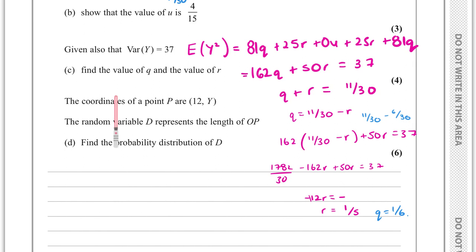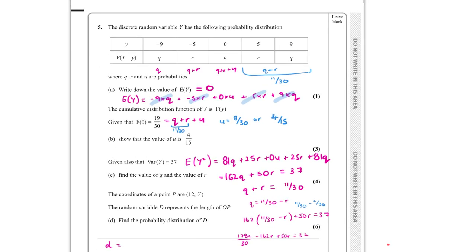Now, it says the coordinates of point P are 12, y. The random variable d represents the length OP. Find the probability distribution of d. Okay, so what do we know? We know d equals OP.